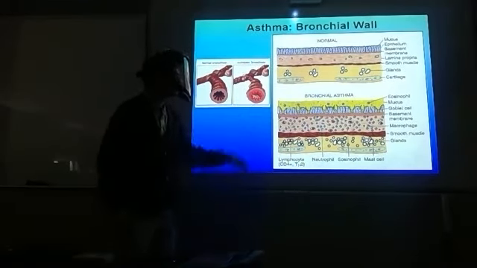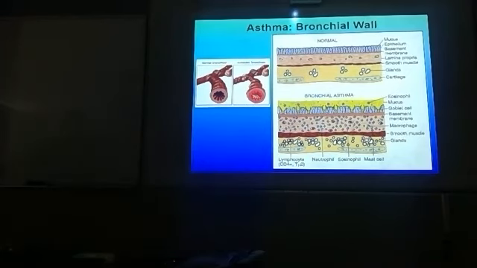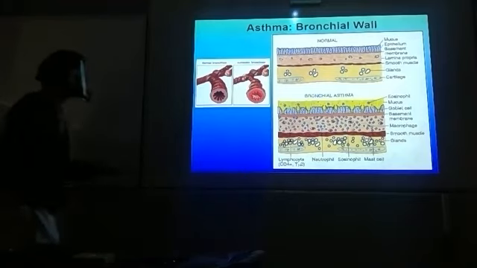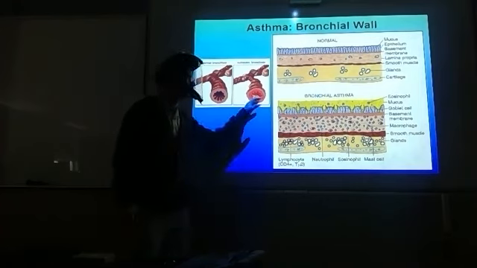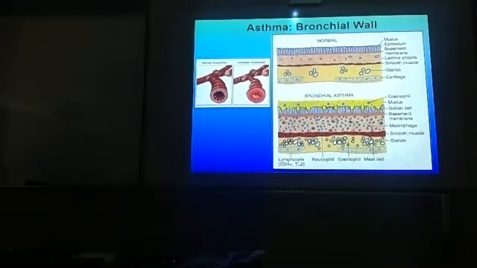And so even when these individuals with asthma are not having an acute asthmatic attack, they do have some degree of chronic obstruction. The airway is a little bit more narrow. It's usually not a problem when they're not having an attack. But if you actually measure air flow in an individual with asthma, even when they're not having an attack, they're not quite normal.